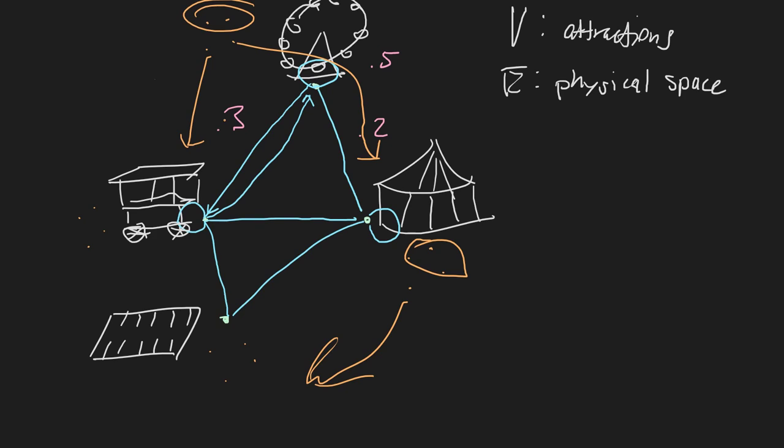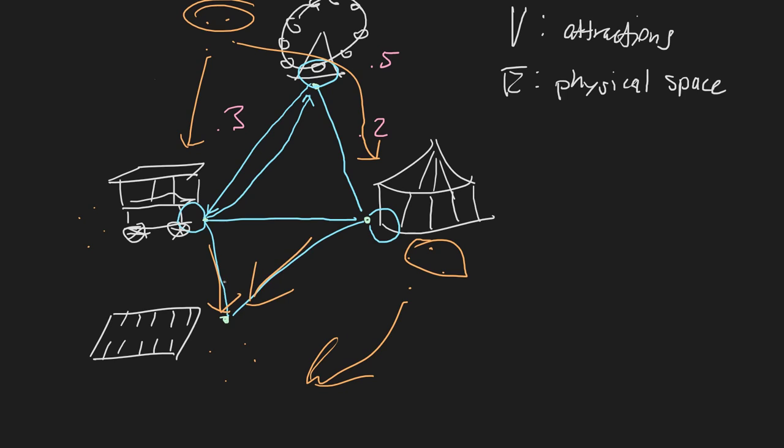But at a kind of lower level, if we look closer, each attraction is going to be affected by the number of attractions that are adjacent to it, so the number of incoming edges that it has. So like, here, there's three places that you can get to the food stands from, whereas for this parking lot there's only two.